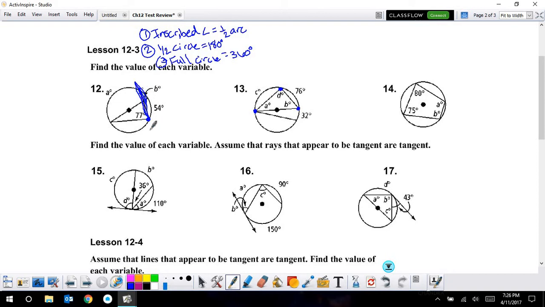Excuse my handwriting here. So it opens up to this arc A. So that means that 77 degrees, my angle, is half of the arc A. So to get rid of that 1/2, I have to multiply by 2. So you end up getting 154 degrees.